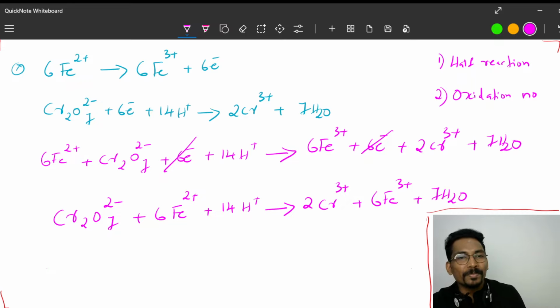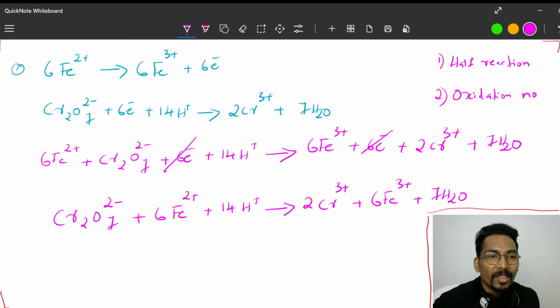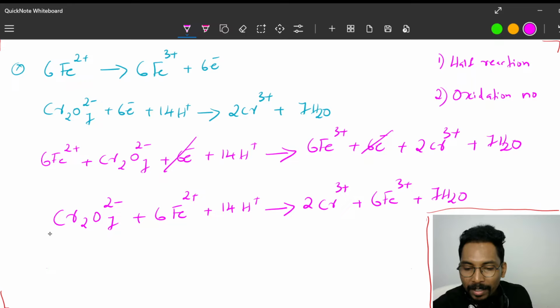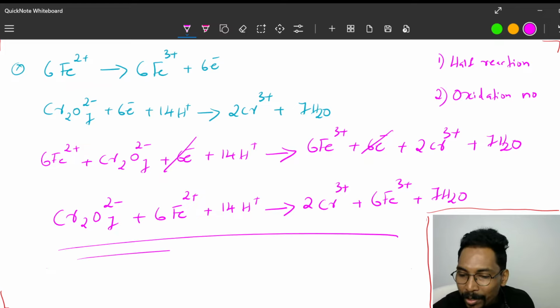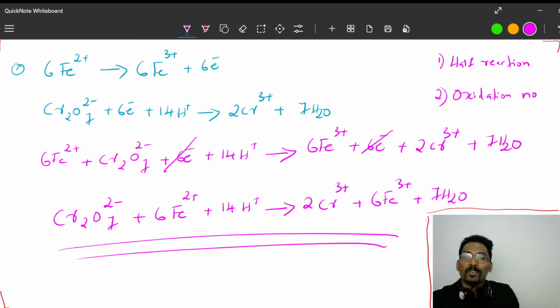Done, that's it. Please check: 2 chromium on the left side, 2 chromium on the right side. 7 oxygen on the left side, 7 oxygen on the right side. 6 Fe on the left side, 6 Fe on the right side. So the equation is balanced. This is your final balanced redox equation.